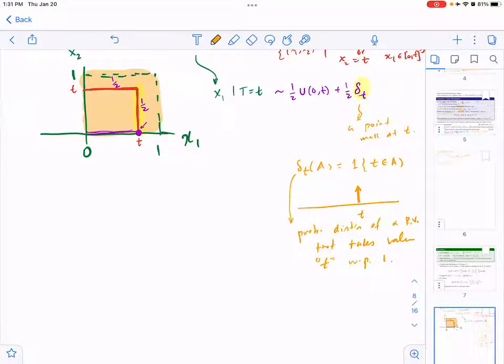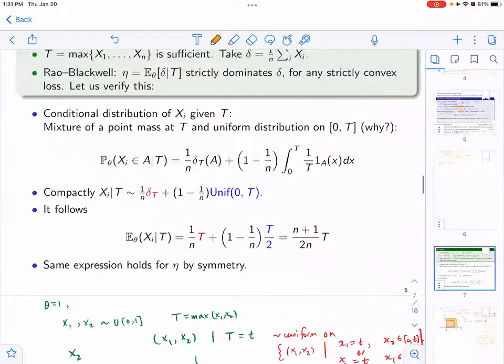If you understand this, then you can argue in the general case, and you should get that the marginal distribution of xi given t would have 1 over n of the mass at t, and the rest would be uniform.